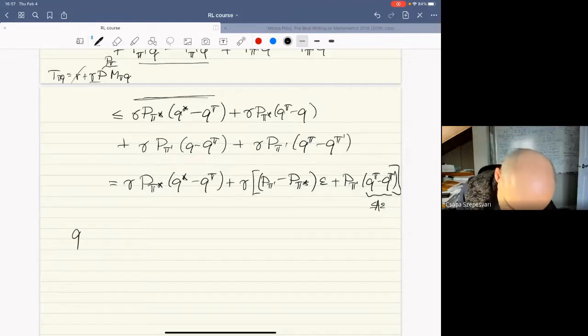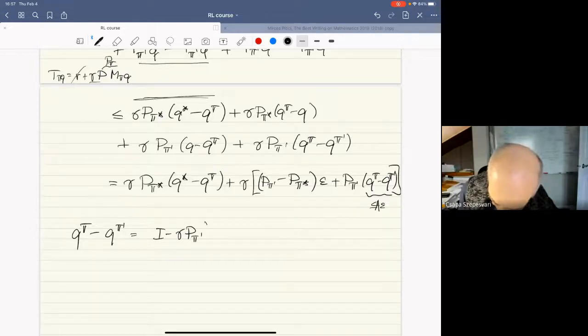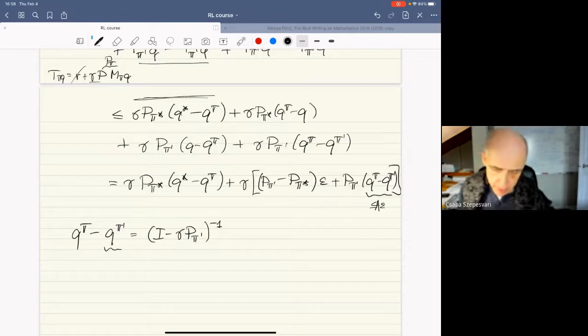Lo and behold, this can be done. You can write q pi minus q pi prime as I minus gamma P of pi prime, inverse. Recall that q pi prime is the fixed point of this T of pi prime operator.